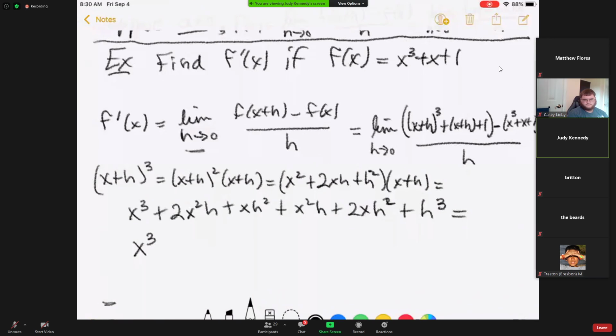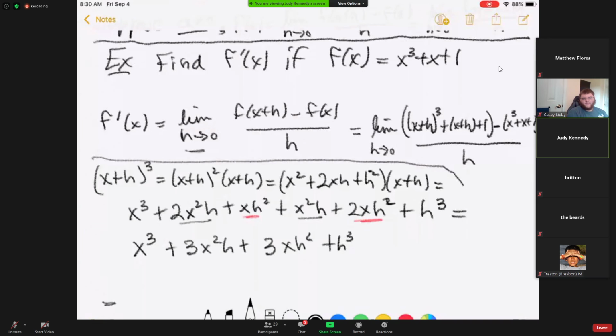Putting all that together, you've got x cubed and h cubed, but I've got an x squared h there and an x squared h there, so that's 3x squared h. Then I've also got xh squared there and xh squared there, so that's 3 of those. And then I've got h cubed.